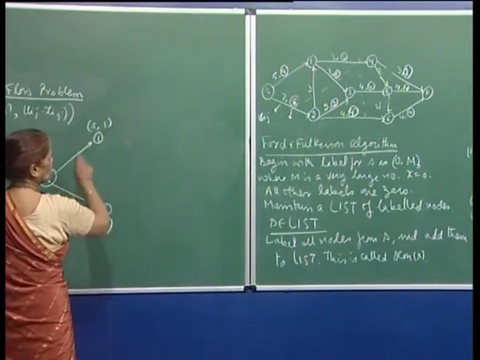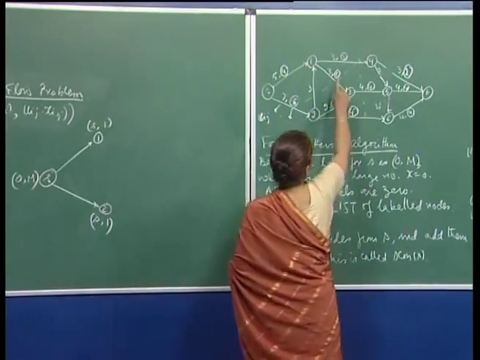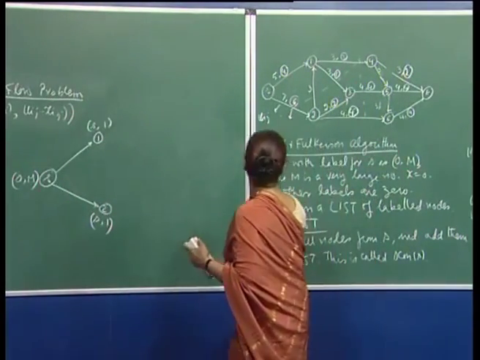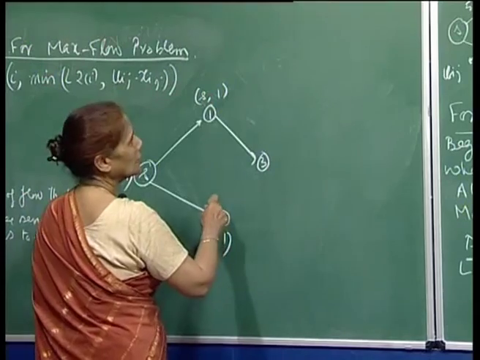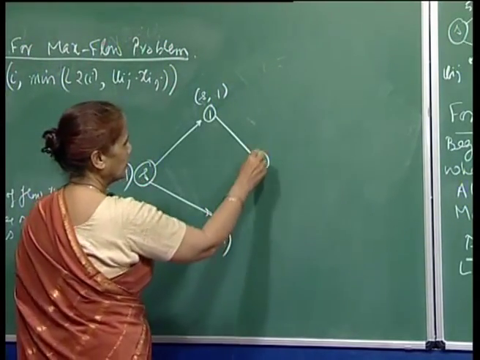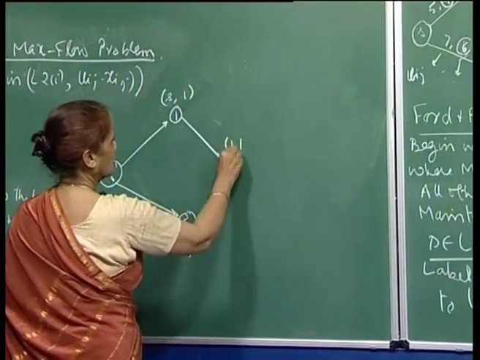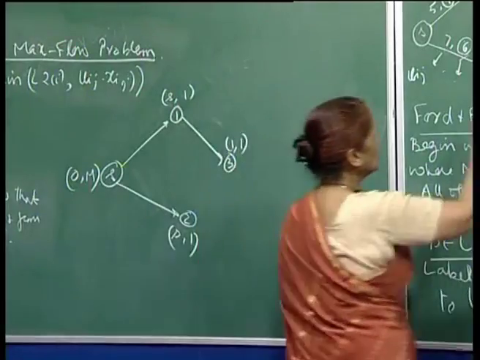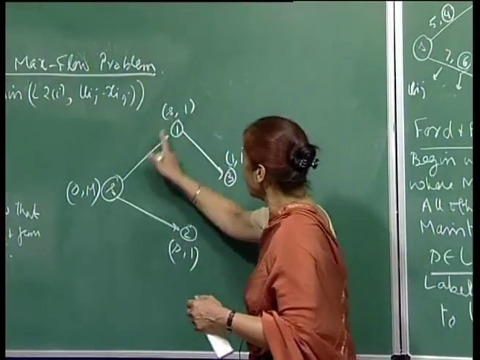So I'll go look at node 1 here. Now node 1, this is saturated, the only arc available is 1 3, so we will do this, and here the first label is 1 and the second label is 1, right, because this flow is 1 unit, and also what you can reach to 1 from S is 1 unit.